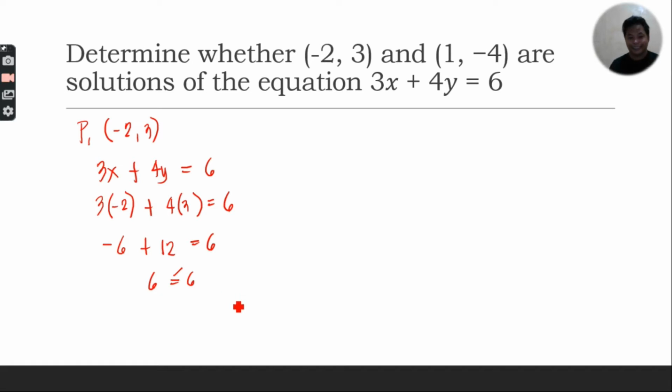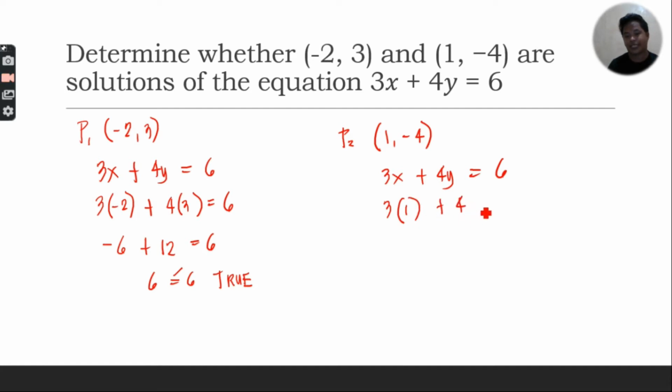So, point (-2, 3) is a solution of the equation 3x plus 4y is equal to 6. Let's try point (1, -4), if it is a solution of the equation. So 3x plus 4y is equal to 6. Substitute the values of x and y. 3 times 1 plus 4 times -4 is equal to 6.